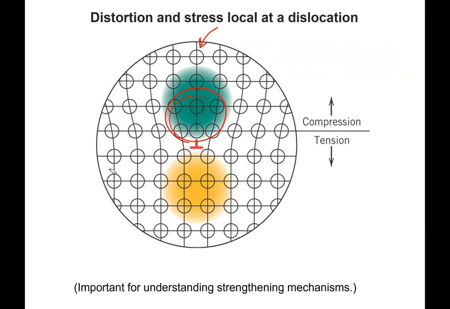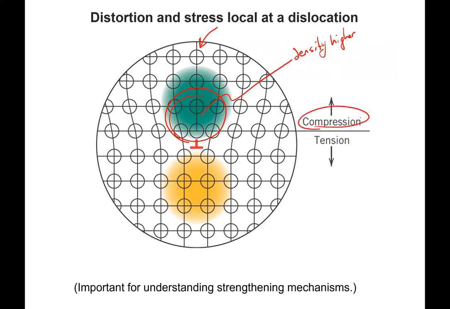And so we have more atoms on this side in the space here than we want. So if you want, we could say that the density is higher in this region than it wants to be. And so this is under a state of compression.